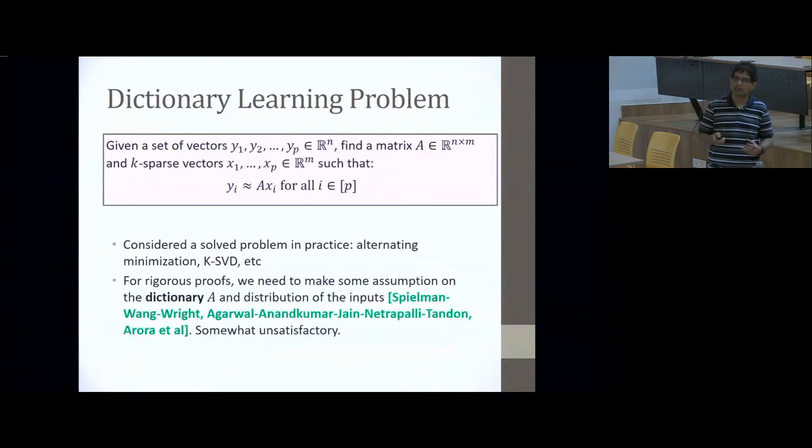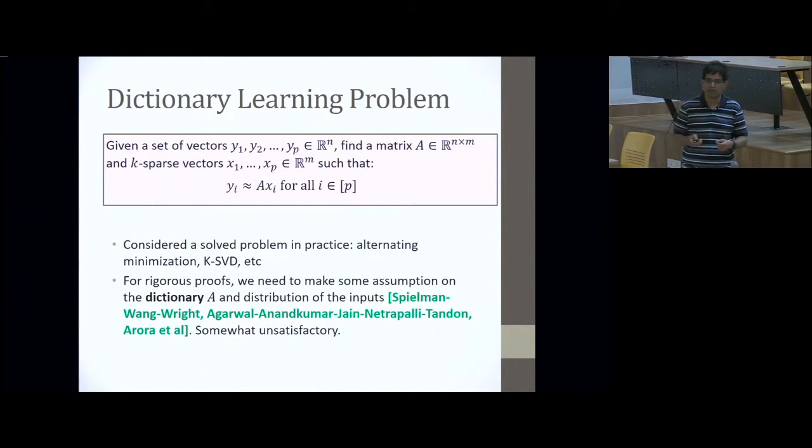And then also that the inputs are drawn from some distribution, so they're randomly sampled. And these assumptions are somewhat unsatisfactory. In natural situations, you don't expect the inputs to come from some distribution, so it's in some sense arbitrary. And so some of the assumptions on the dictionary have also been brought into question.